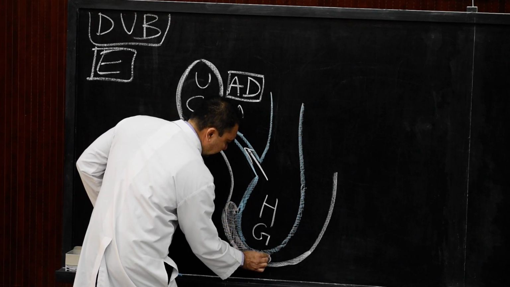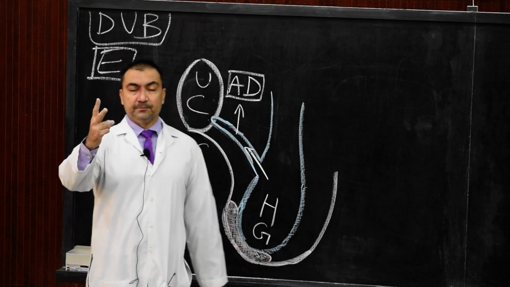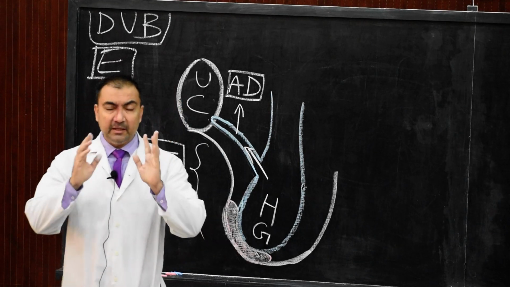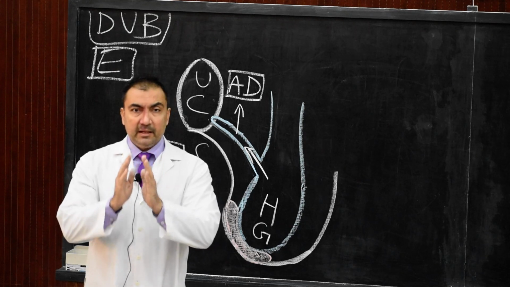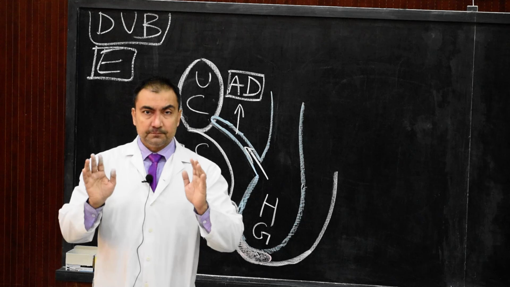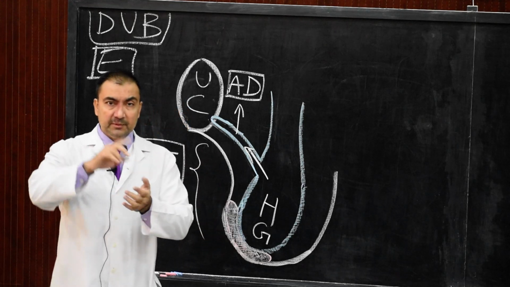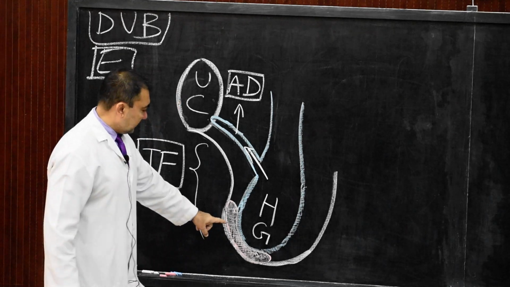This cloacal membrane has presence of only two germ layers, ectoderm and endoderm. There will be no intervening mesoderm between ectoderm and endoderm. It is a bilaminar membrane, the cloacal membrane.